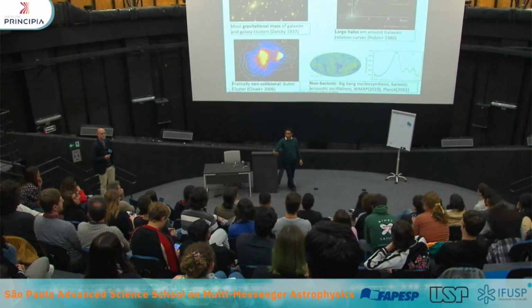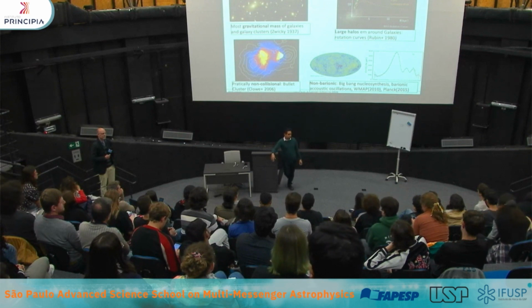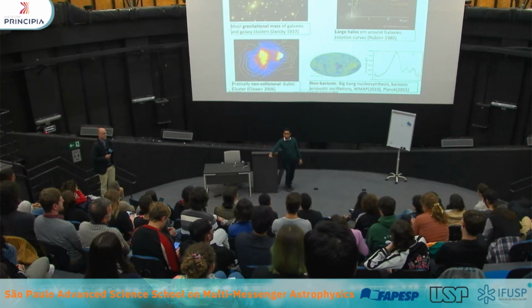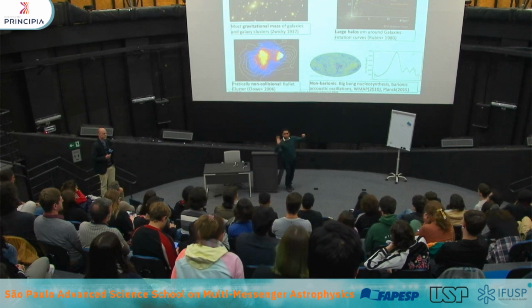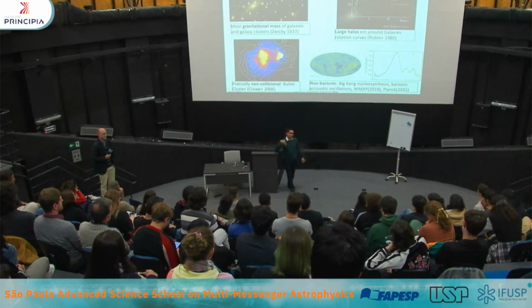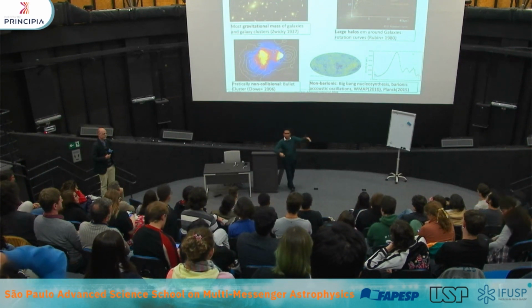But then you can have this whole field of particle dark matter, with a whole lot of dark sector particles. They can annihilate into dark sector particles.